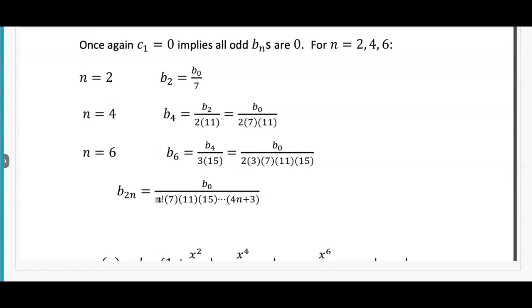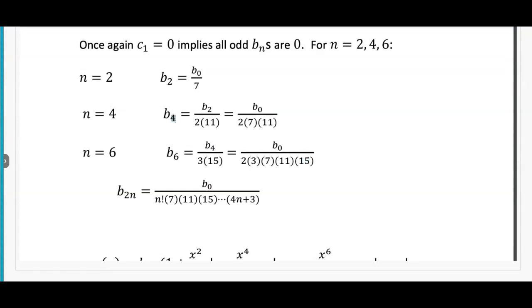Then we see the pattern is n factorial. In the denominator we have 7 times 11 times 15, which all differ by 4. And we set 7 with 3. What's the relation? Right, this is 15, the last one is 15. This is 3, so 3 times 4 is 12, 12 plus 3 is 15.